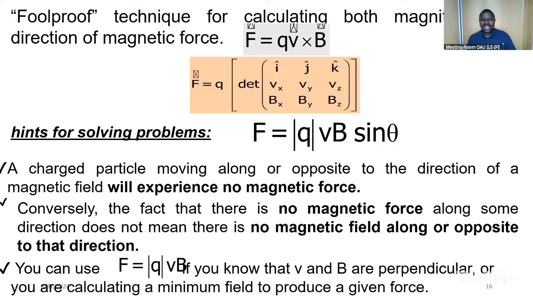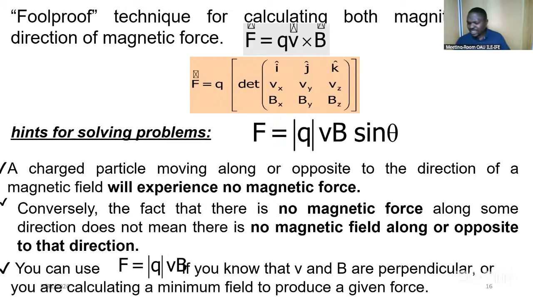When we want to determine the magnetic force, we said F is equal to the charge times the velocity of the charge crossed with the magnetic field.